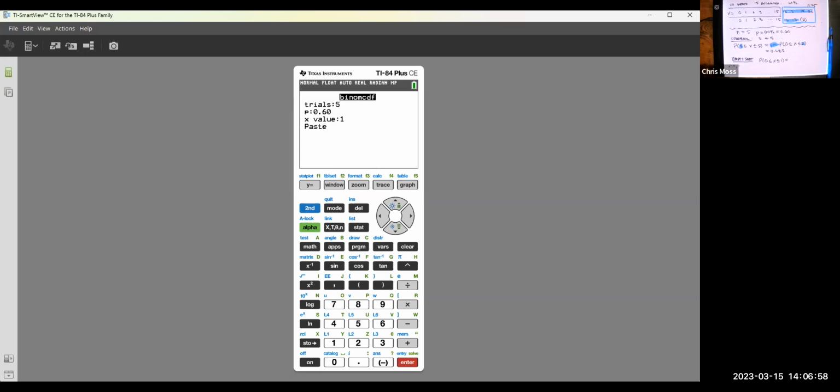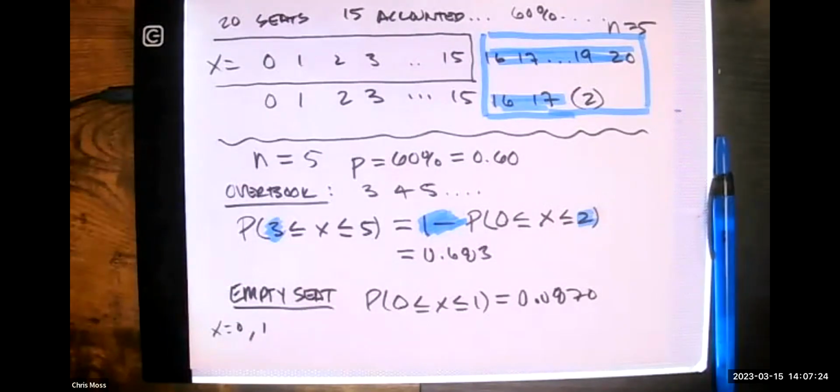And again, when you're trying this at home, make sure you're using the CDF tool. 0.07870. So there it is, to 3 significant decimal places. And there we go.